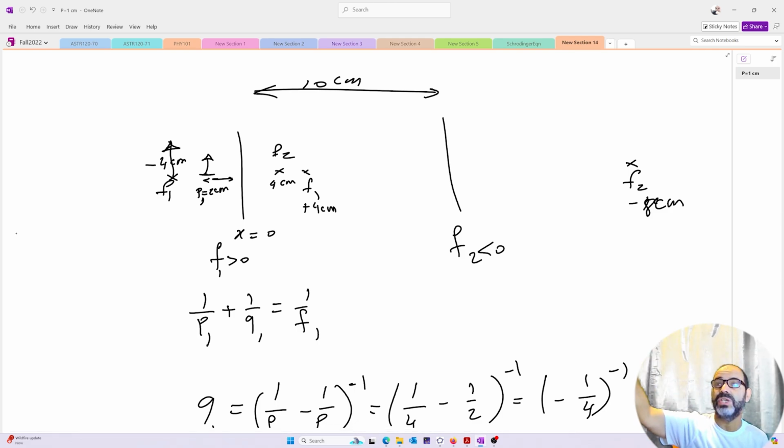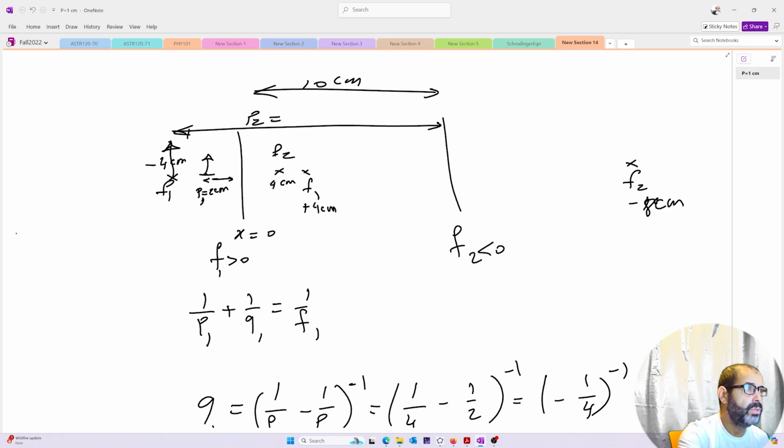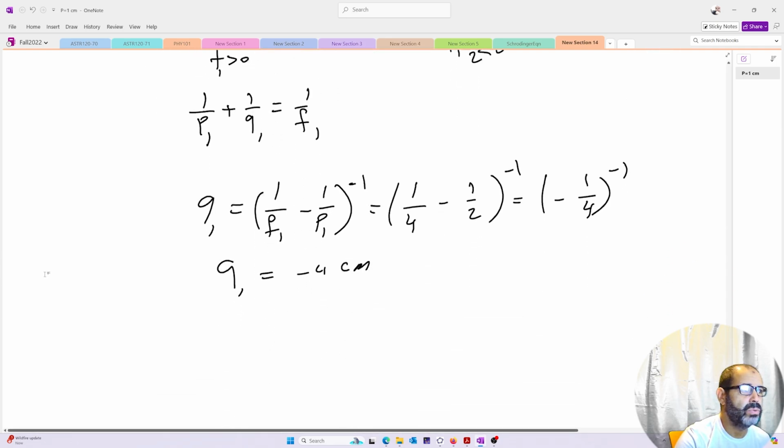That is where the object of the second lens is. So this is where the P2 is. It equals this whole distance plus the 4 centimeters. Therefore, it is equal to 14 centimeters. Okay, so now we're going to do the same thing.